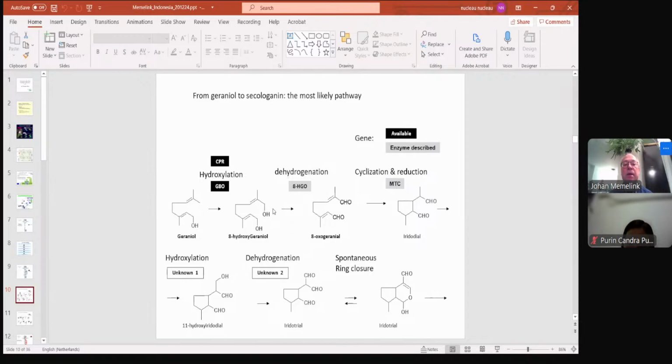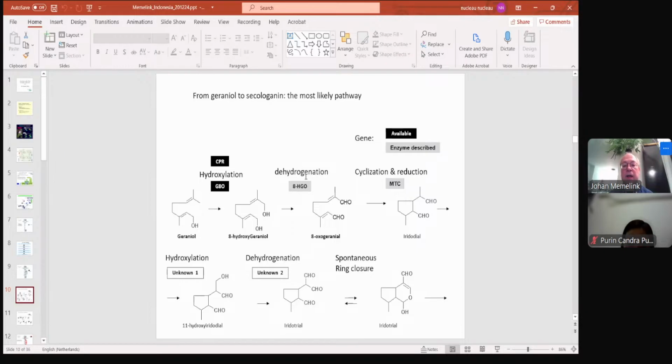For example, in the first step where there's a described enzyme, the HGO enzyme, there's a dehydrogenation. That also gives you an idea what kind of enzyme you are looking for.